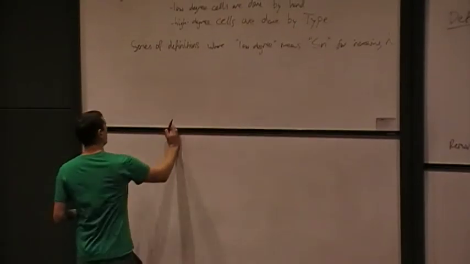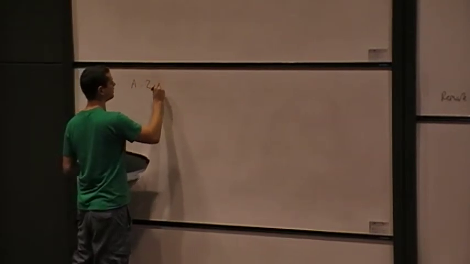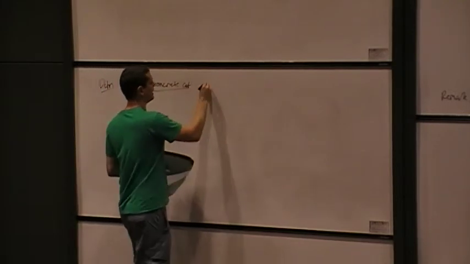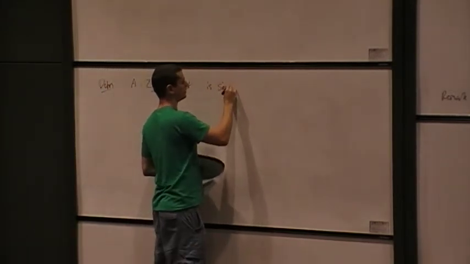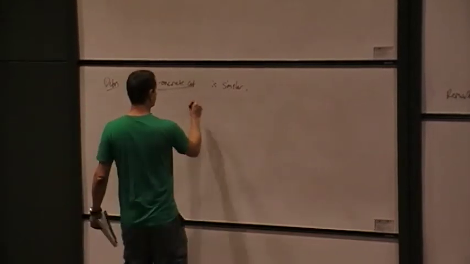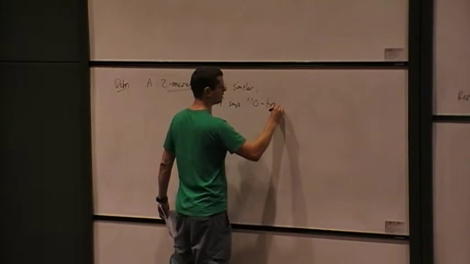Next step up, I'll just write down the bits of the definition that differ. So definition-ish, two concrete category is similar, we only demand that things are zero truncated when we take a conf. So conf says zero truncated.